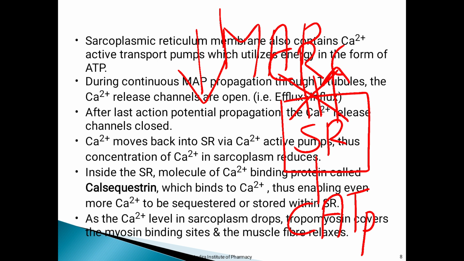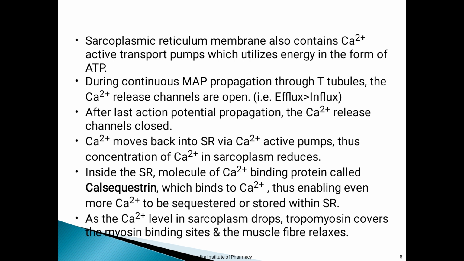Calcium present in the sarcoplasm will enter the sarcoplasmic reticulum because these channels are now open. So calcium will move inside the sarcoplasmic reticulum, and the concentration of calcium in the sarcoplasm is reduced.